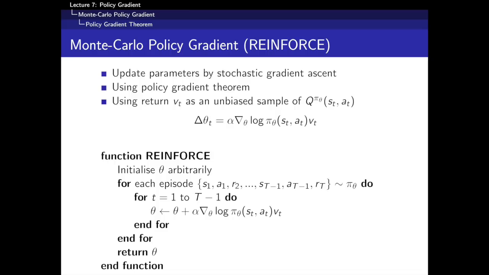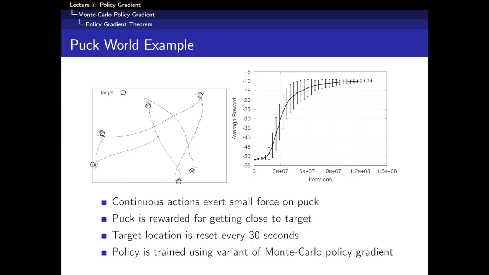Okay, so here's a little example. This is using that same Monte Carlo policy gradient with a particular policy parameterization. The idea is that you start off with this puck in this world, and this puck is sliding along. There's very low friction in this domain, and you just get to exert a small force on it every time step, which can slightly perturb its direction. So if you're not careful, it can really overshoot its target.